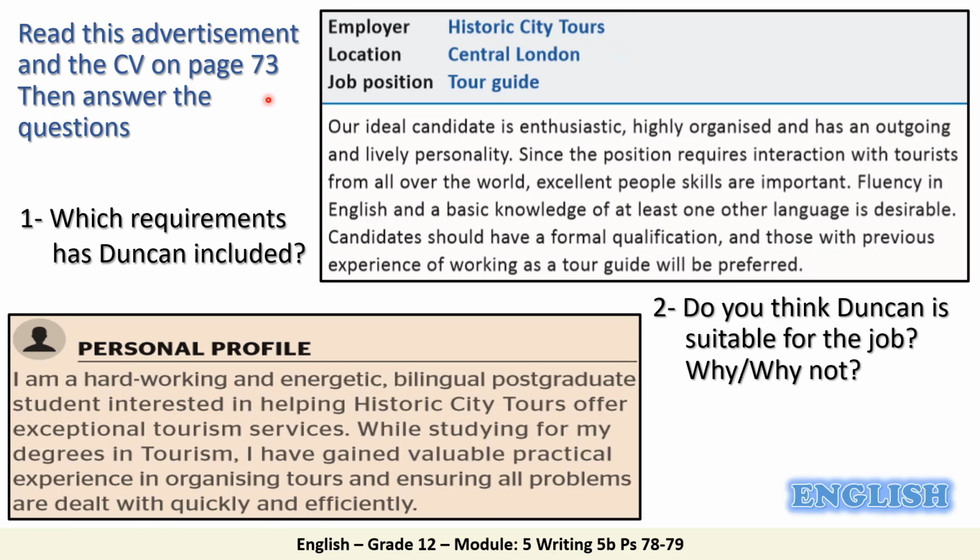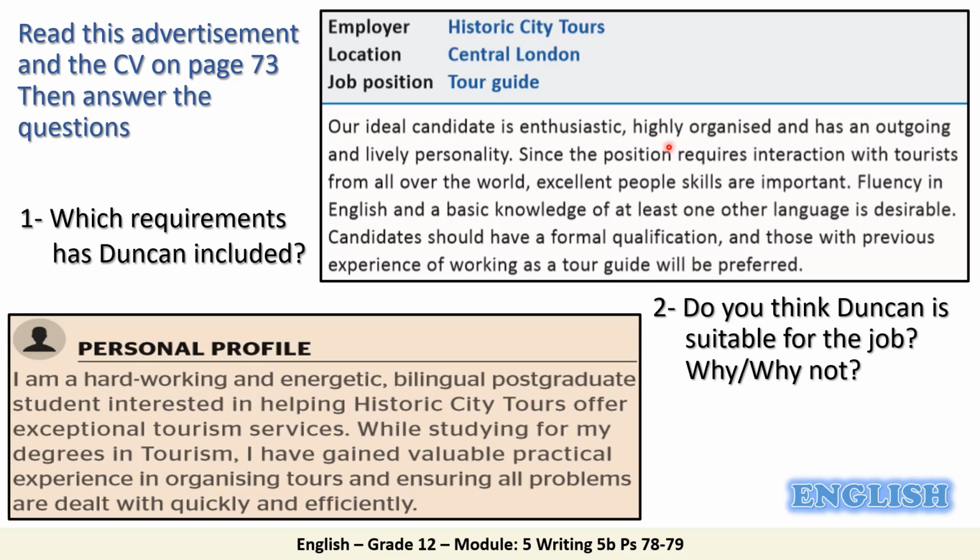Now go back to page 73, specifically to the personal profile paragraph, and try to answer these two questions. Number one is, which requirements has Duncan included in the personal profile? In other words, when the company says our ideal candidate is so and so, these are called the requirements.